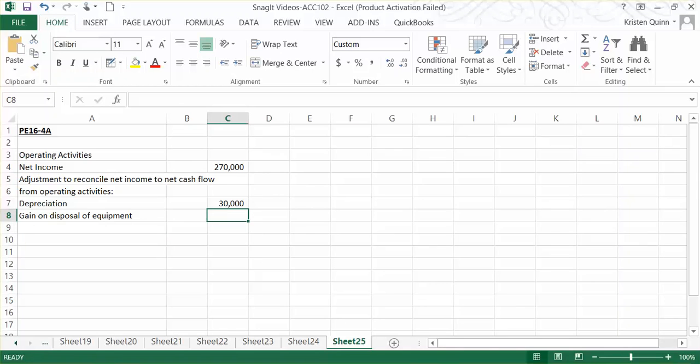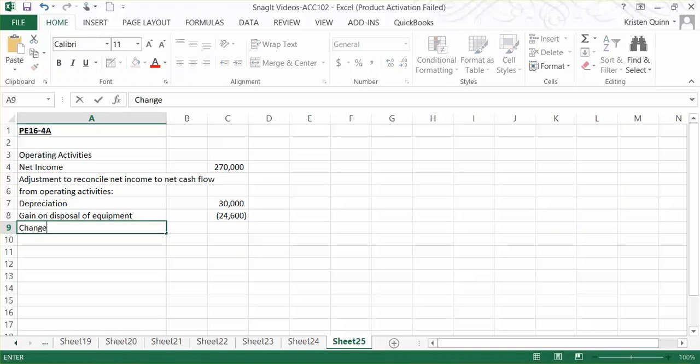So we are going to reverse the effect of this gain on our net income. We know that gains add to the value of net income, so we are going to subtract away the $24,600 gain. Those are the only two income statement items that we need to adjust for in this problem.